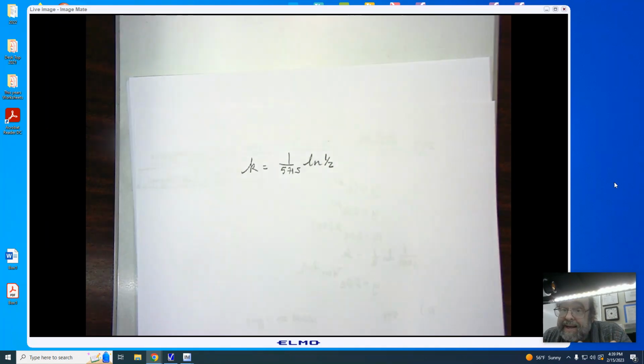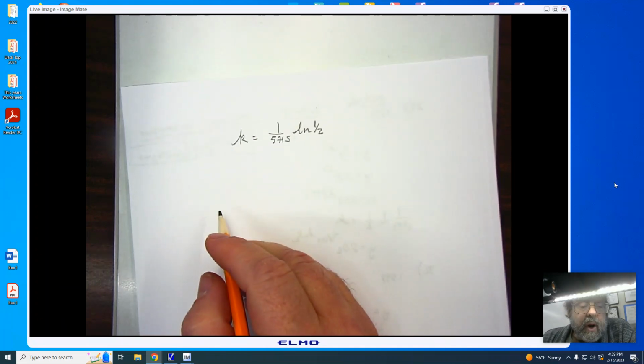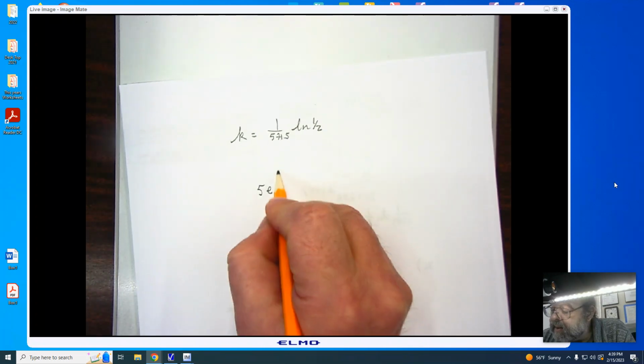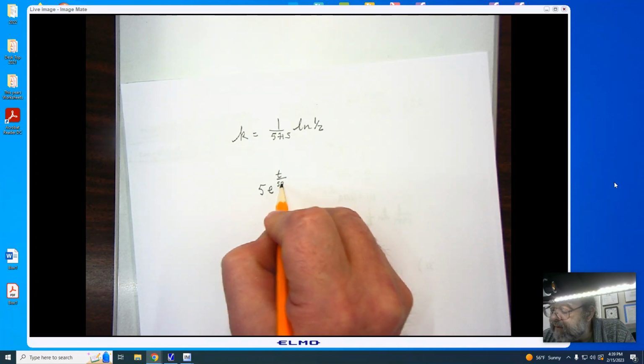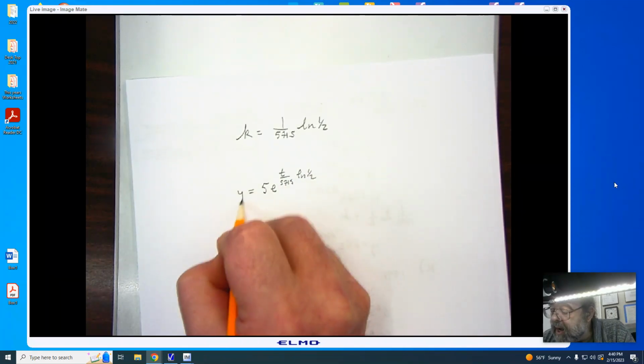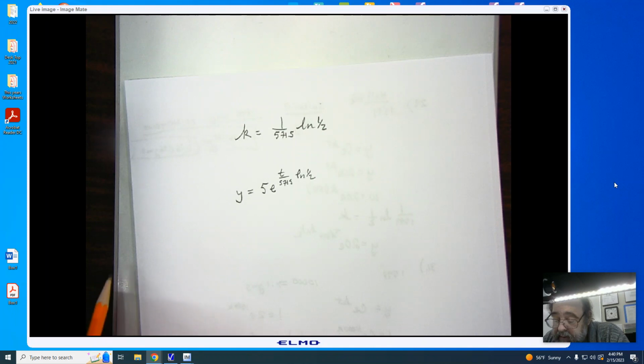Now, this is following the exact same pattern that we saw on number 31 and 29. We also know in 33 that we have 5 grams, so 5e to the t divided by 5,715 natural log of 1/2 is y. There's my equation. I'm now going to put in 1,000 and 10,000, and I have my answer.